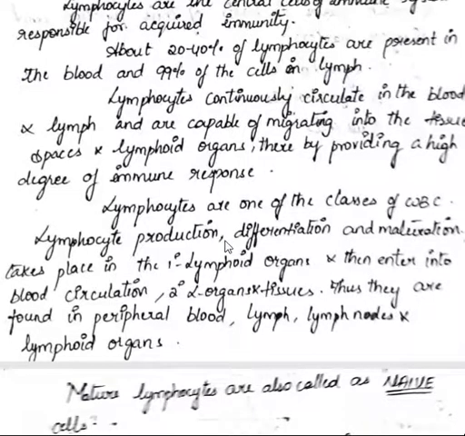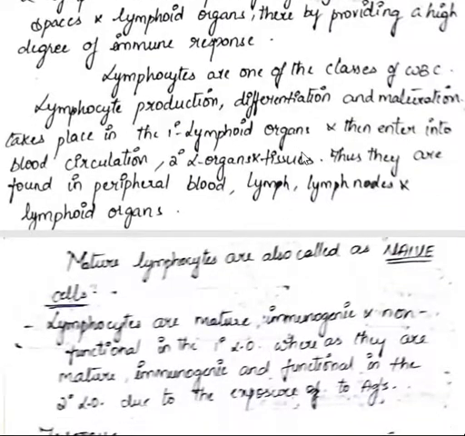And lymphocytes are produced, differentiated and matured in the primary lymphoid organs, and they enter into the blood circulation and the lymph circulation and reach the secondary lymphoidal organs, where they become functional because of the exposure to the antigens.